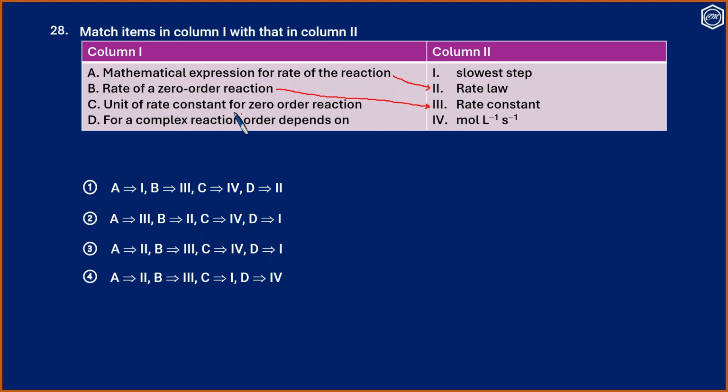Unit of rate constant for a zero order reaction, that is mole per liter per second. For a complex reaction, order depends on the slowest step. Therefore, the correct option should be A to 2, B to 3, C to 4 and D to 1. That is option 3.